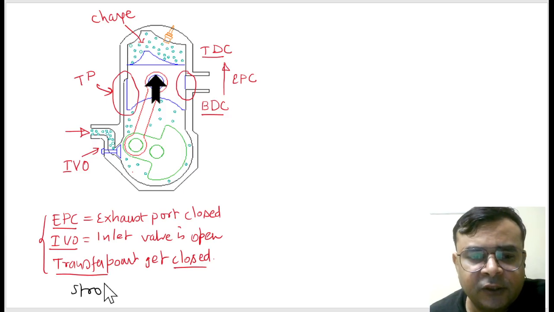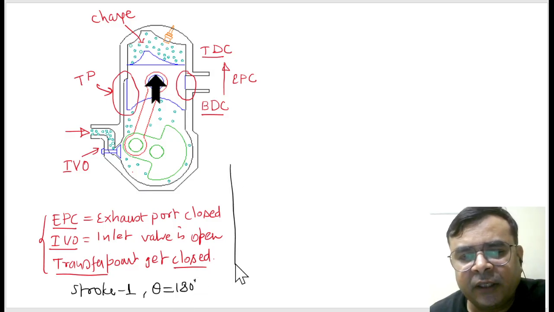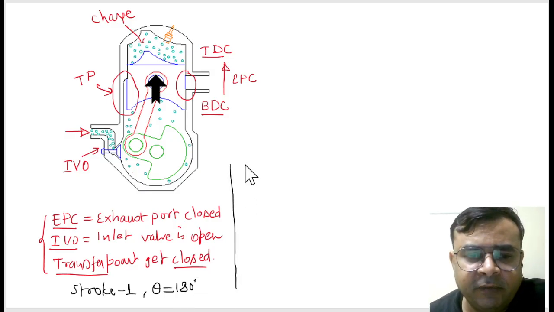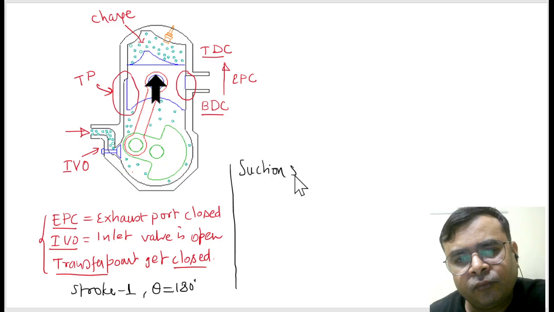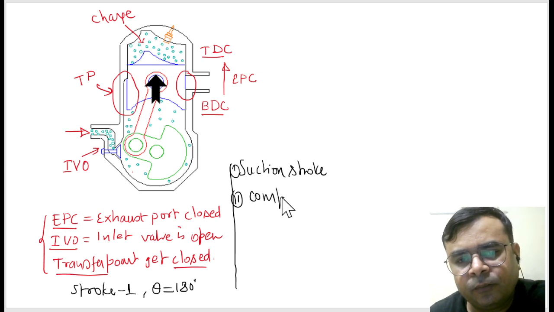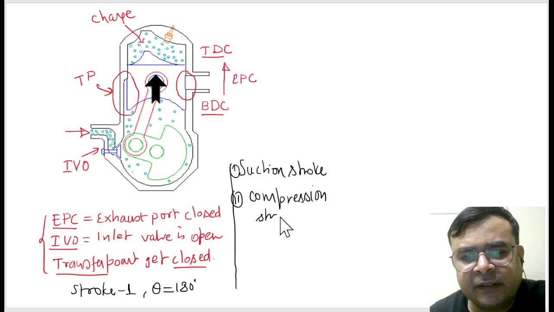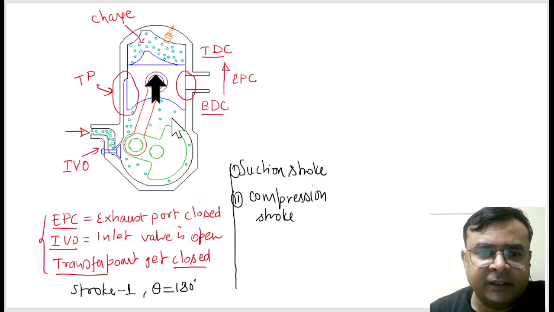Let's say, stroke 1, in which the crank will rotate 180 degrees, and due to this rotation, we have the inlet or suction stroke, and another one is the compression stroke. Both processes are happening simultaneously. Are you getting this? Are you getting this?